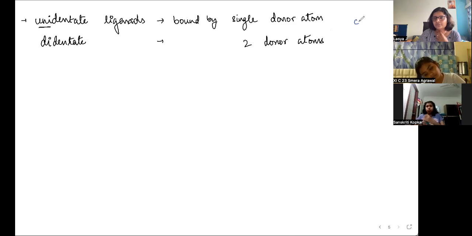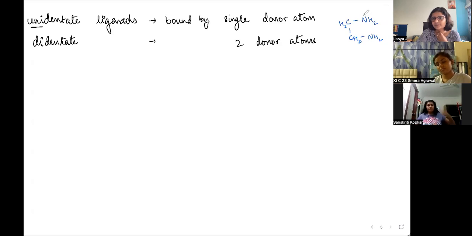You have CH2, CH2, and two amine groups, NH2, NH2. In the didentate case, this nitrogen has one lone pair of electrons and this nitrogen has one lone pair of electrons. Both of them will form a coordinate bond with a single metal atom. Because two bonds are forming with the same ligand, this comes under a didentate ligand.